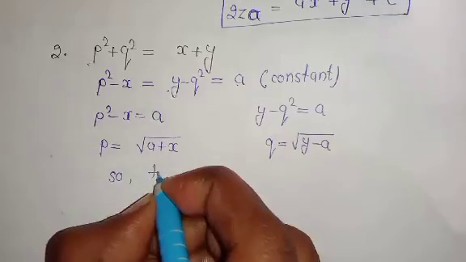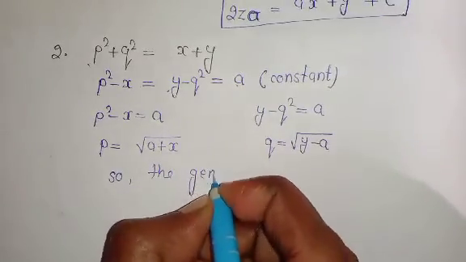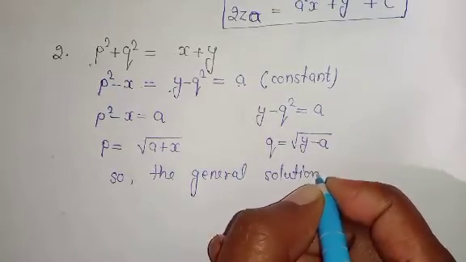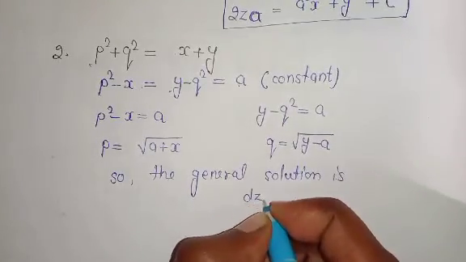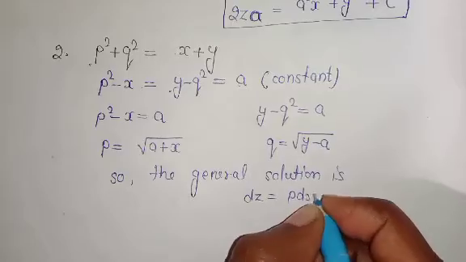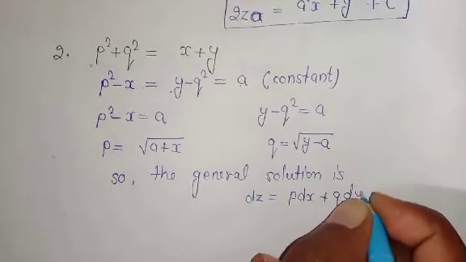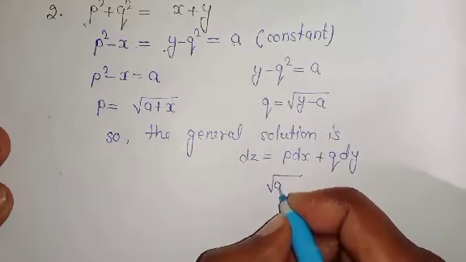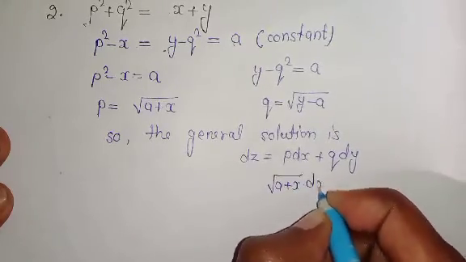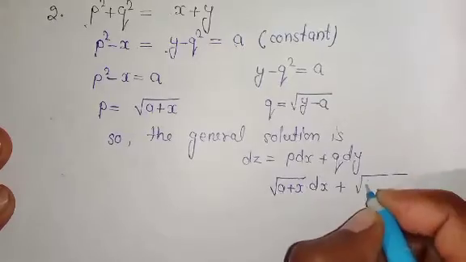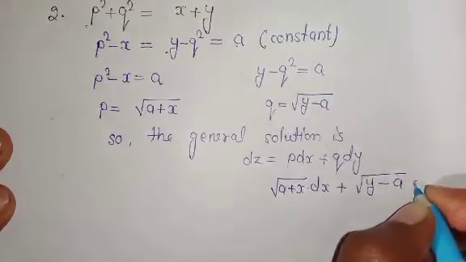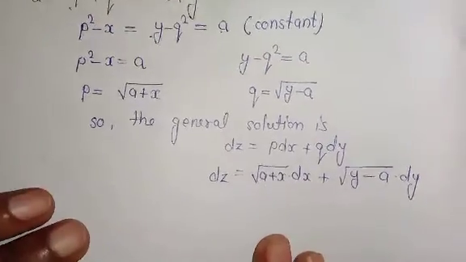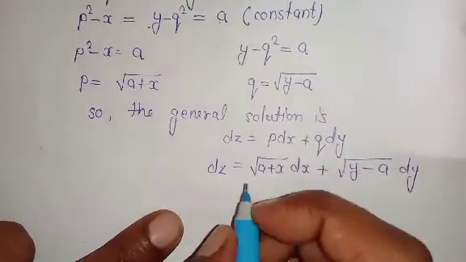Therefore the general solution is dz is equals to p dx plus q dy. What is the value of p? This is root of a plus x into dx plus root of y minus a into dy, that is equal to dz. So on integrating we can find the general solution.